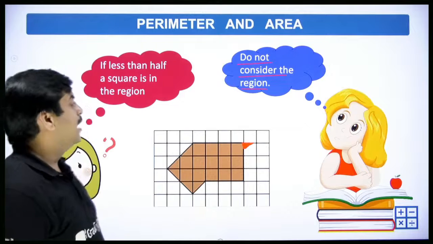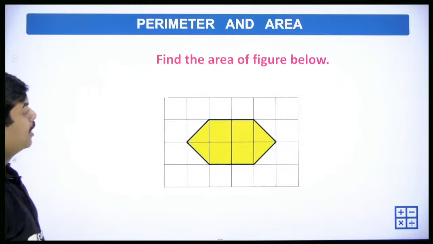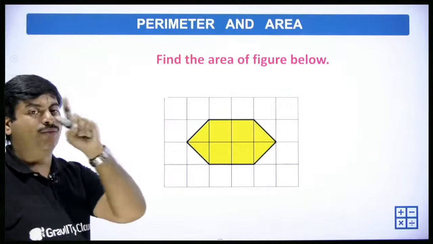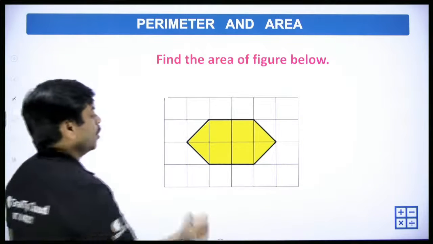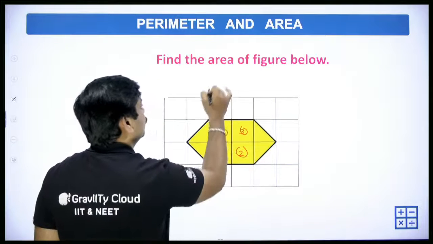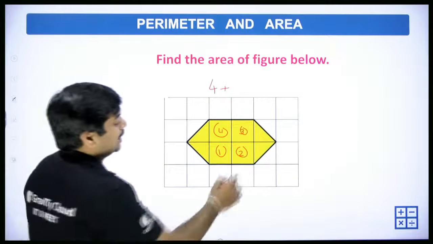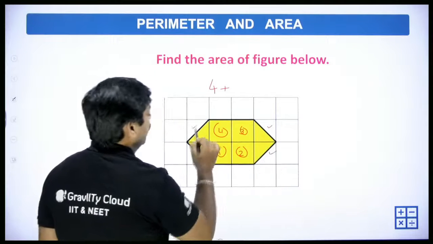Okay, next one. We need to find the area of this figure. Let's say each box is 1 square unit. So we have 1 2 3 and 4, total 4 square units, plus exactly half, half, half and half.